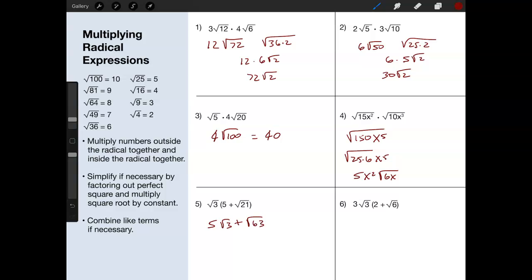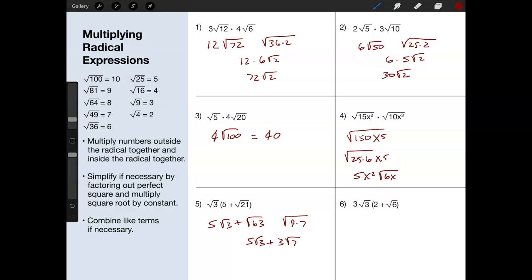We can simplify 63 as 9 times 7. The square root of 9 is 3. So this simplified is 3 square root of 7. We can bring in the 5 square root of 3, and that is our final answer. We cannot combine these two terms because we have a square root of 3 and square root of 7.